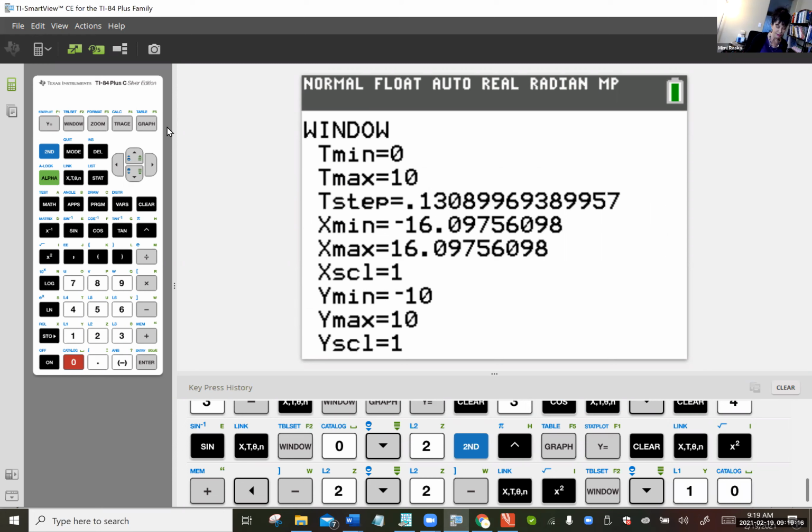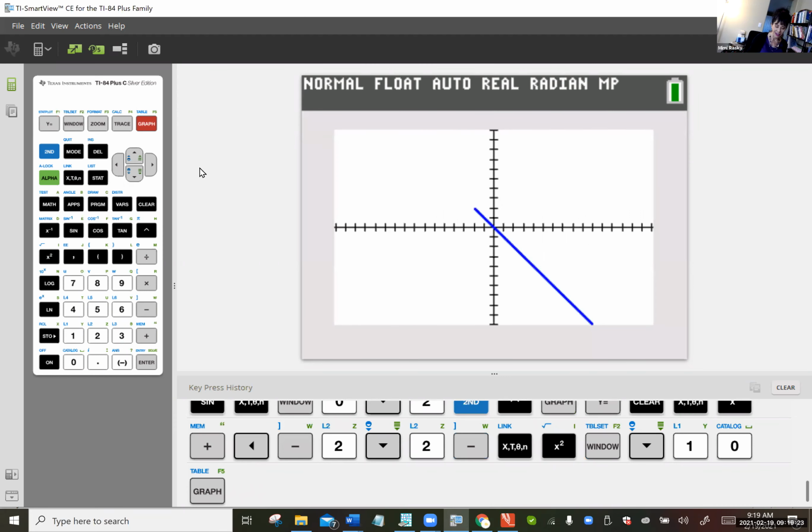When I have the t minimum be 0 and t max be positive 10, I get a line. It probably drew it so fast you didn't see what was going on there. But I claim it was going in the downward direction.